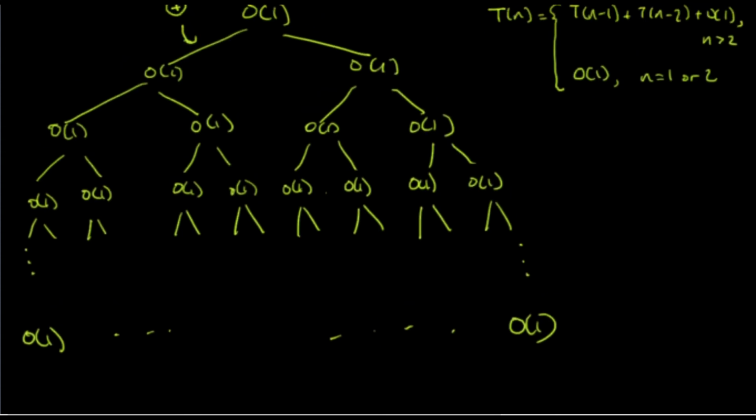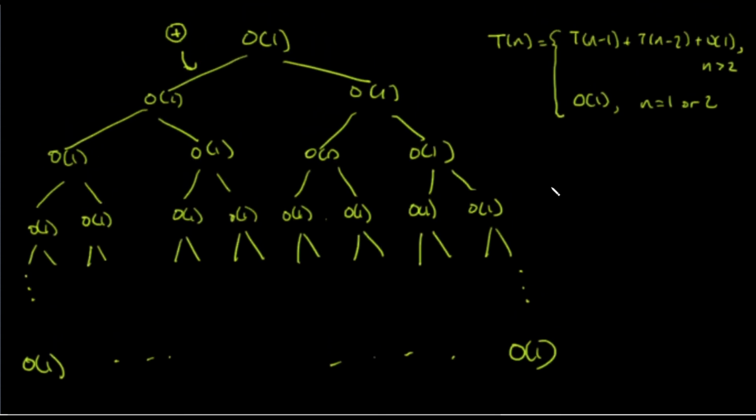So we're going to analyze the height of this tree, but only at the extremes. In other words, only in the rightmost part of the tree, and only in the leftmost part of the tree. I'm going to redraw this in a minute. Let's look at the rightmost extreme part of the tree first.